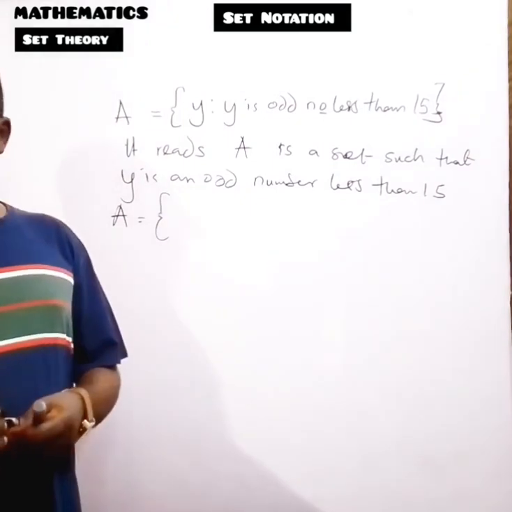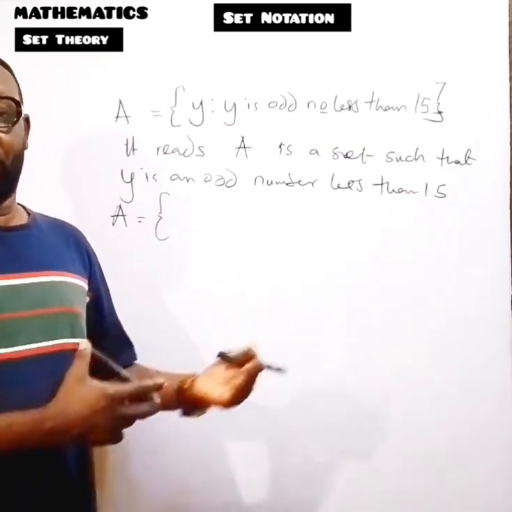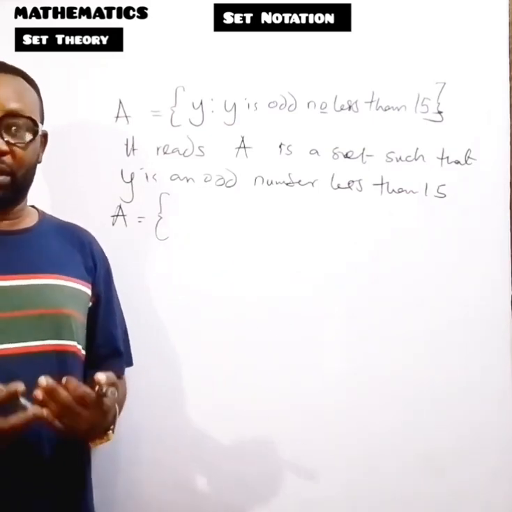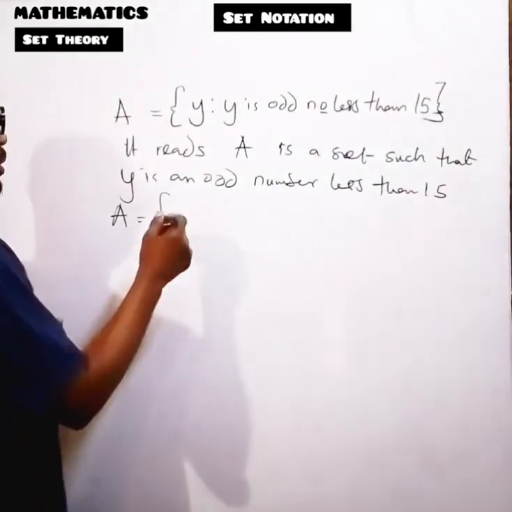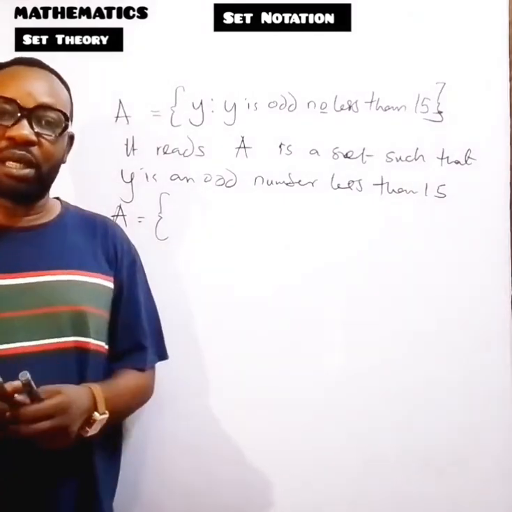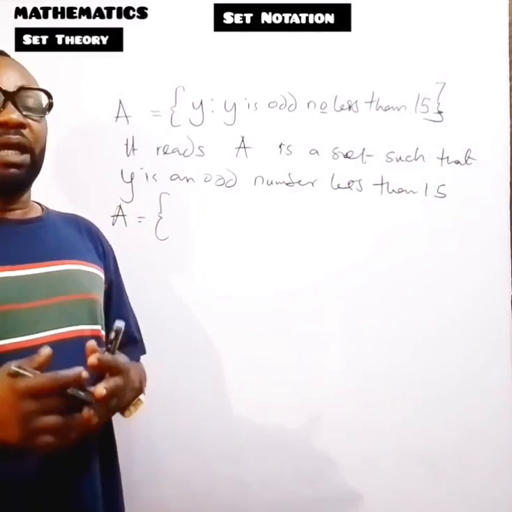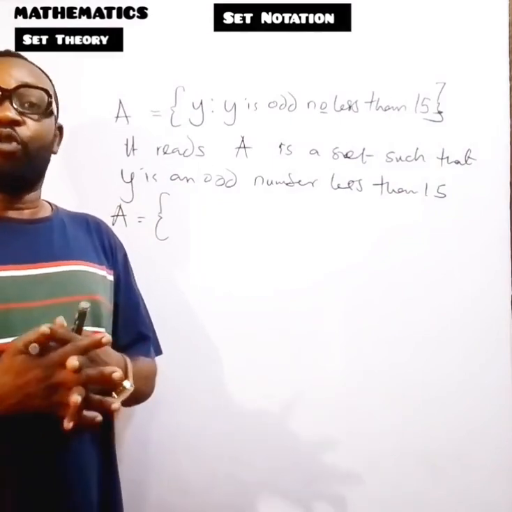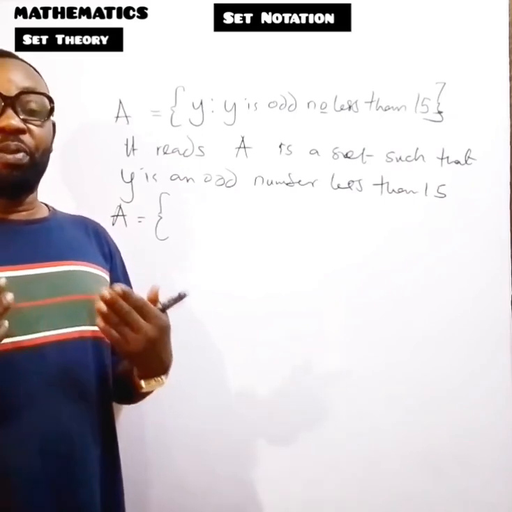Now, what is meant by odd number? We have been able to touch on what is meant by numbers when we started the class on set theory. Odd numbers are those numbers that are not divisible by or multiples of 2. When you divide them by 2, there is going to be a remainder.